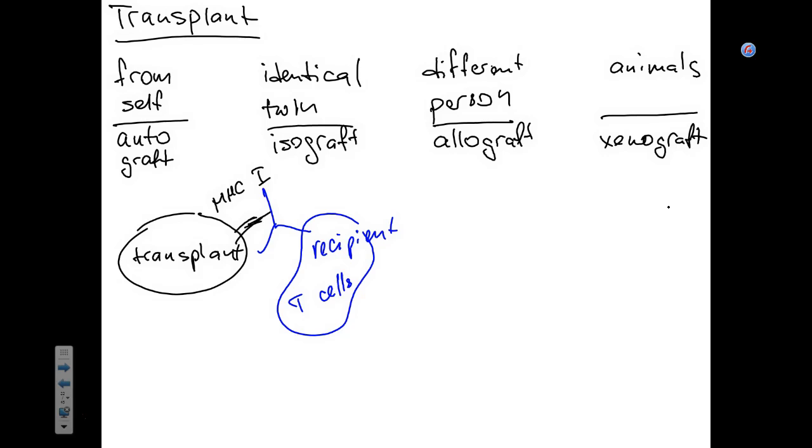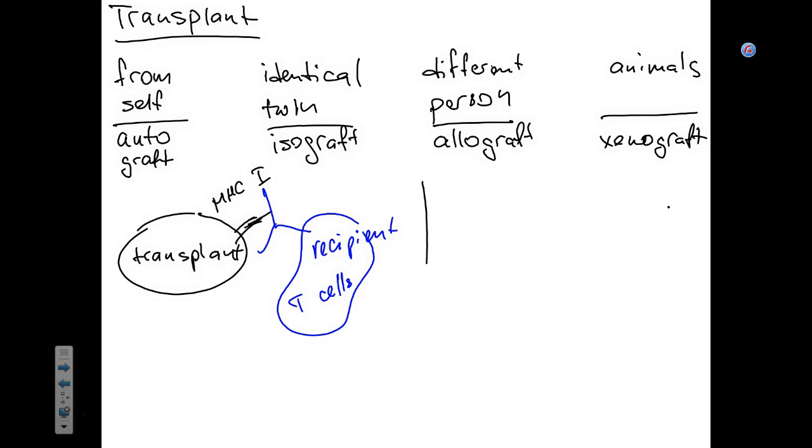Speaking of transplantation of bone marrow, let's see if you have someone who has a blood cancer, blood malignancy, okay, leukemia. So what is the regular treatment? Radiation first.